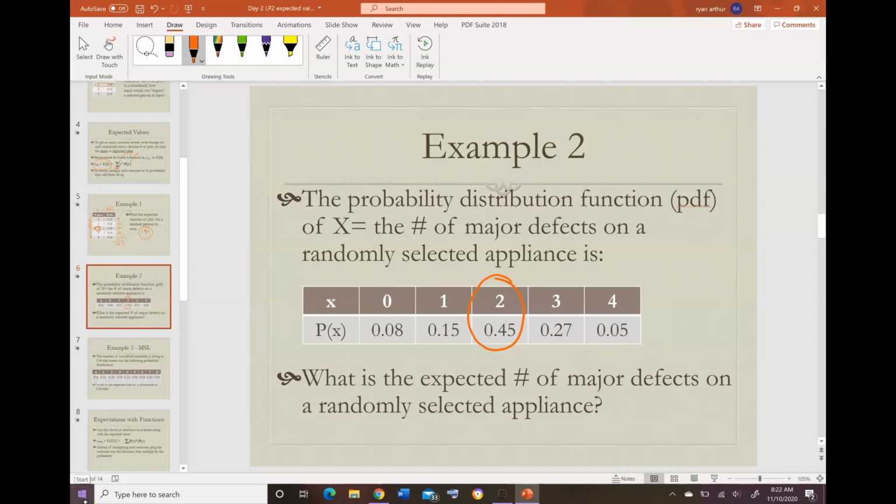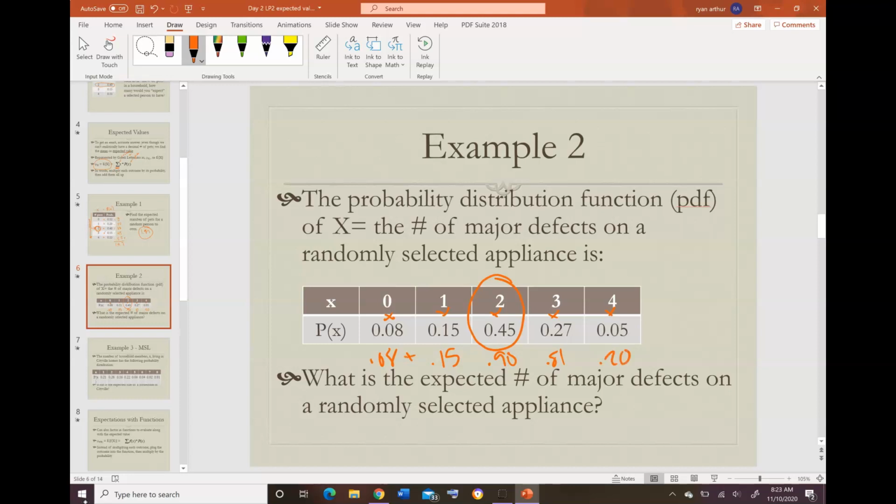We're going to multiply, okay? 0 times 0.08 is 0. 1 times 0.15 is 0.15. 2 times 0.45 is 0.90. 3 times 0.27 is 0.81. And 4 times 0.05 is 0.20.